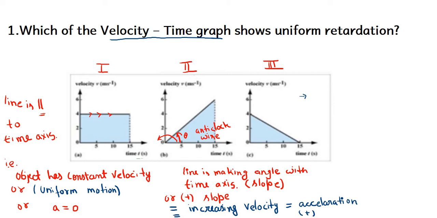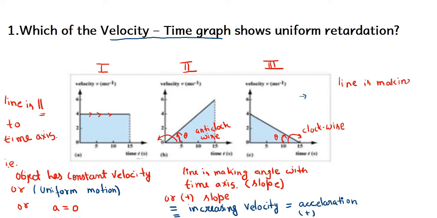Now in third graph, the line is also making angle with the time axis, but this time this angle is in opposite direction, or we can say the direction of angle is clockwise. When the angle is in clockwise direction, that means we have a slope, but this time this slope is opposite to previous one.